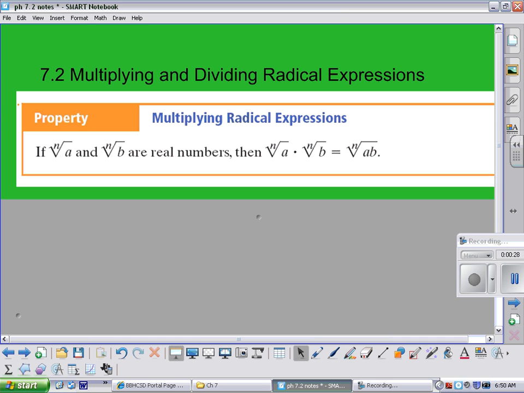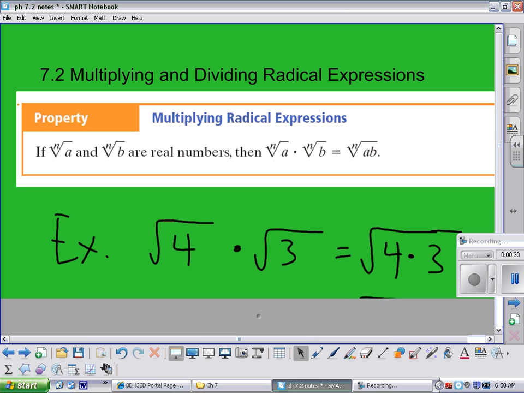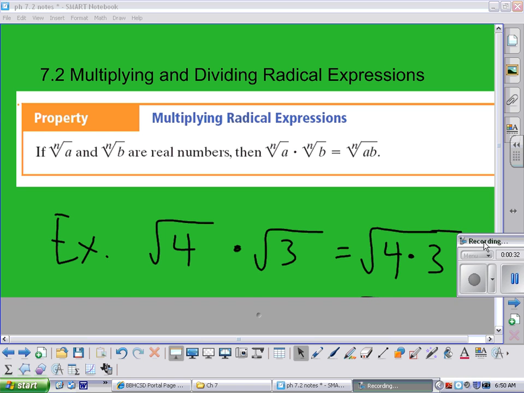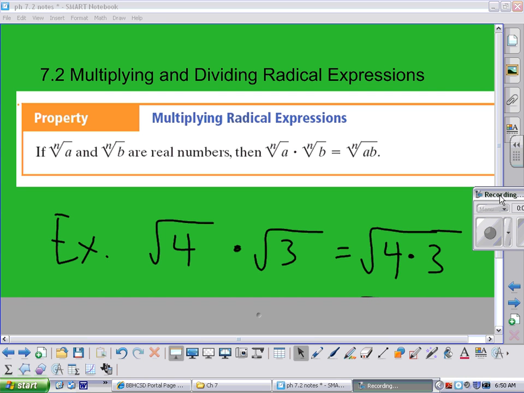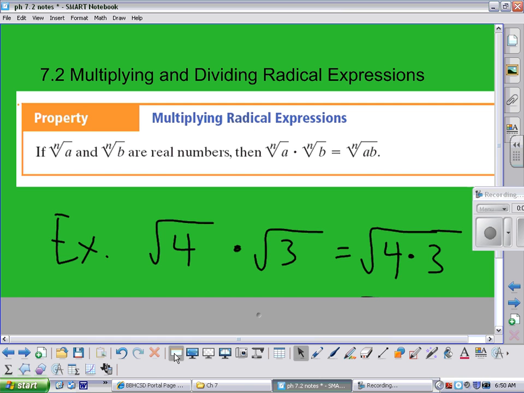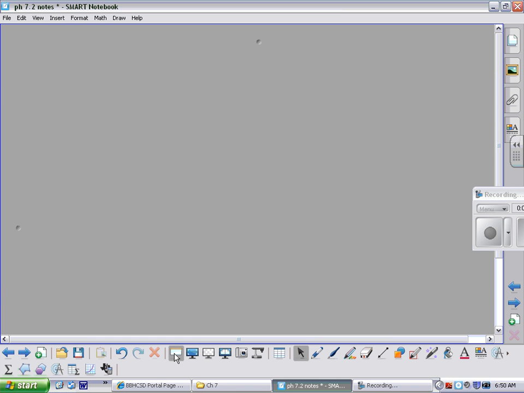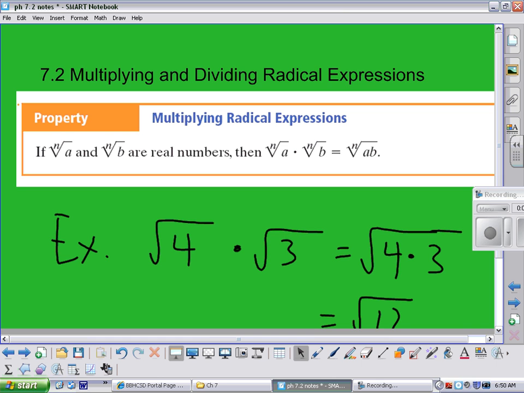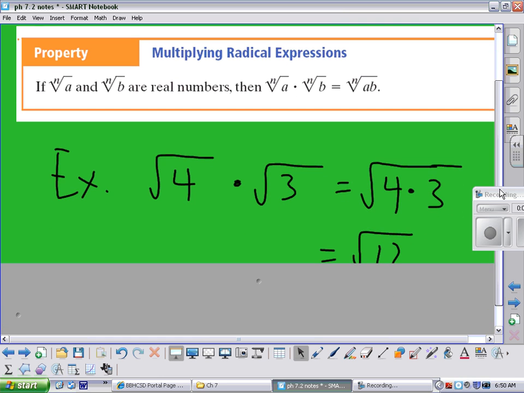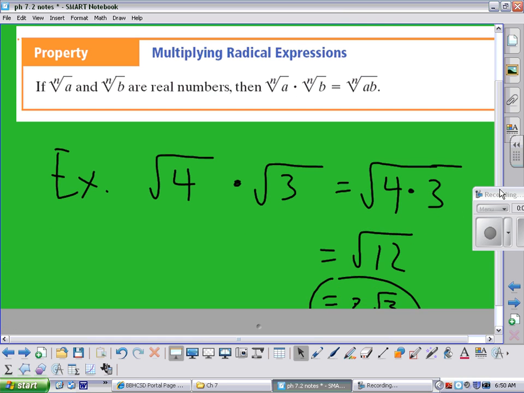For example, you all know if I have the square root of 4 times the square root of 3, I can write that as the square root of 4 times 3, or just the square root of 12. And then I can go ahead and simplify that to 2 times the square root of 3, right?